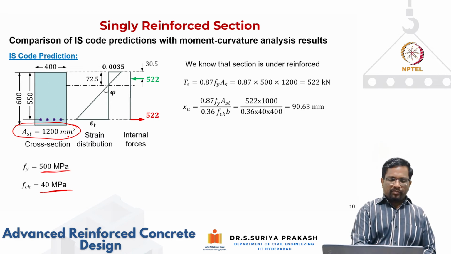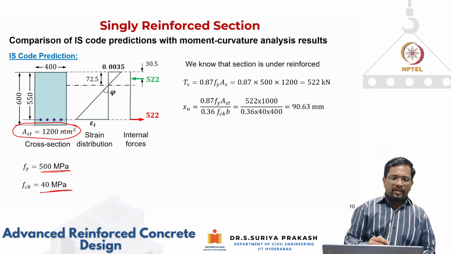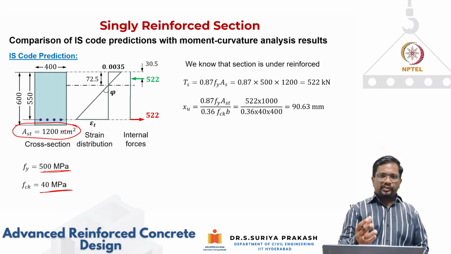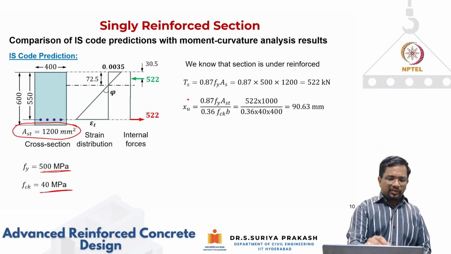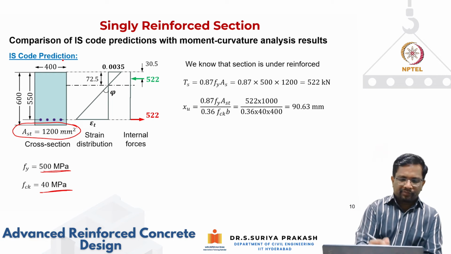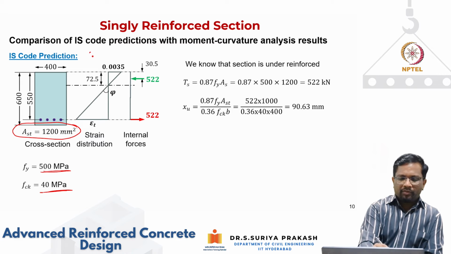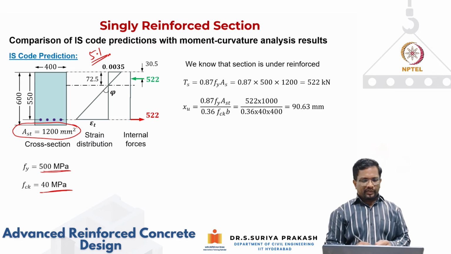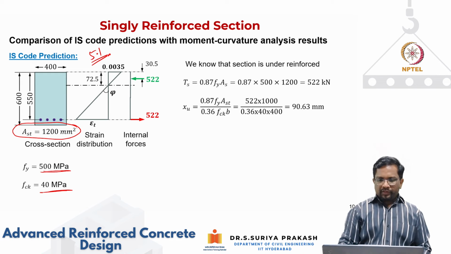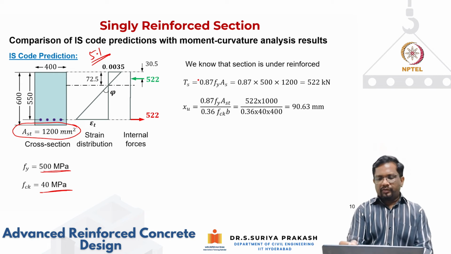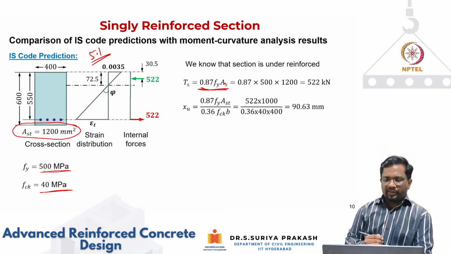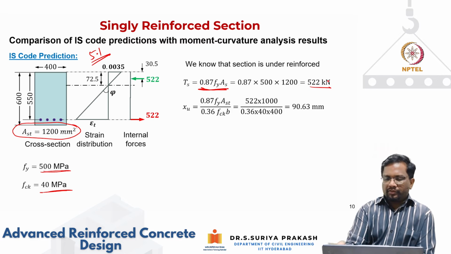For this top amount of steel, I am calculating what is the neutral axis depth and what is the moment resistance and so on as per your IS code version, because this is the problem that we did in your previous module. So go back and look at your module 5.1. Okay, so that is the same example that we did. So if you go back, as per IS code, the tension force is 0.87 fy times As. So it works out to be 522 kilonewton.